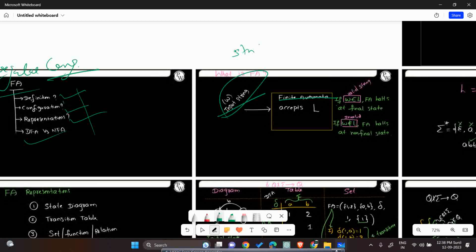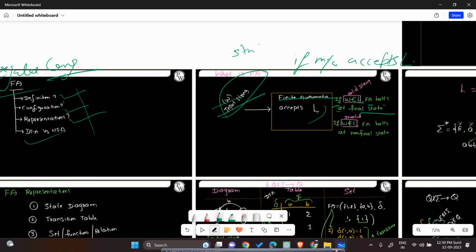So listen again, I will explain. If this machine is built to accept the language L, then if that string belongs to L, the FA halts at a final state.